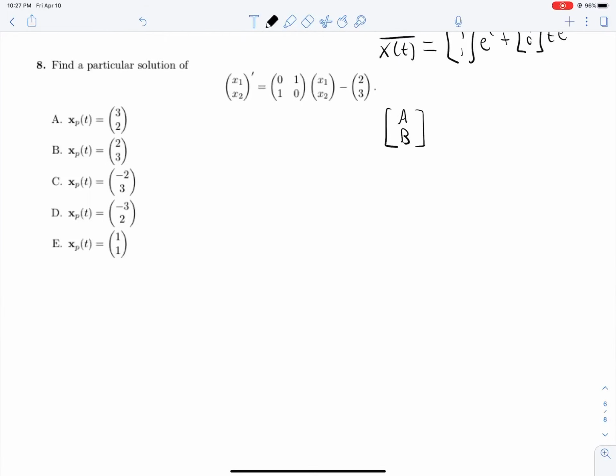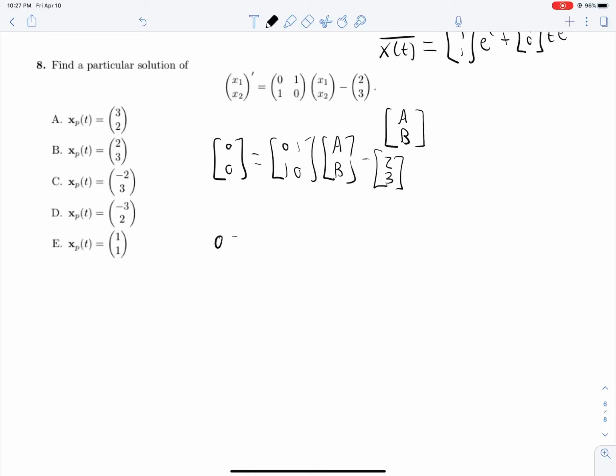So plugging in a, b prime, well, those are just constants, so we'll have 0, 0 is equal to 0, 1, 1, 0 multiplied by a, b minus, whoops, didn't really organize that very well, minus 2, 3. And so we can solve these.